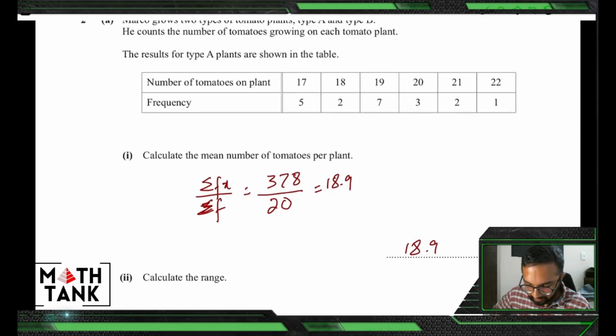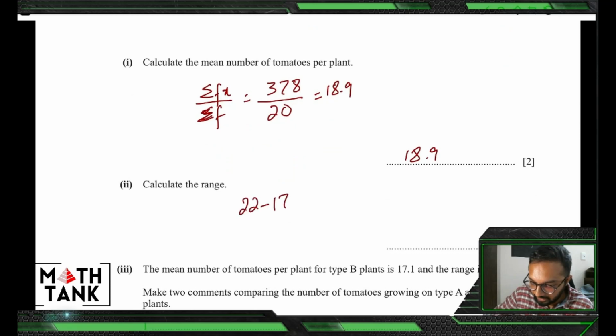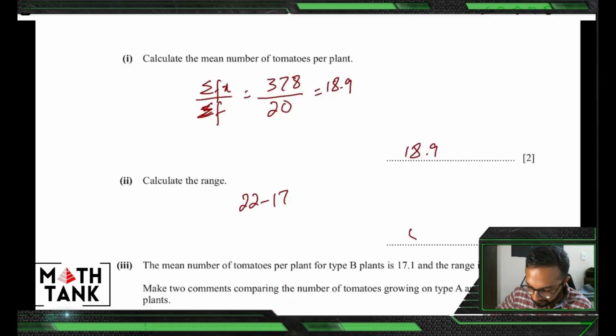Okay, calculate the range. So the range is the highest value minus the lowest value. The highest number of tomatoes on a plant was 22, the lowest was 17. So I'm going to say it's 22 minus 17, and that's 5.